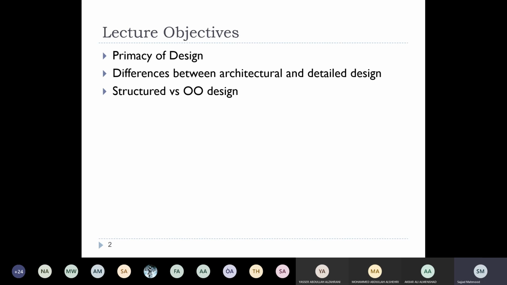We'll look at structured versus OO as well, probably not today, we'll see if we have time. And also the structural aspect of functional decomposition and relational database design, probably not today, but on Thursday.